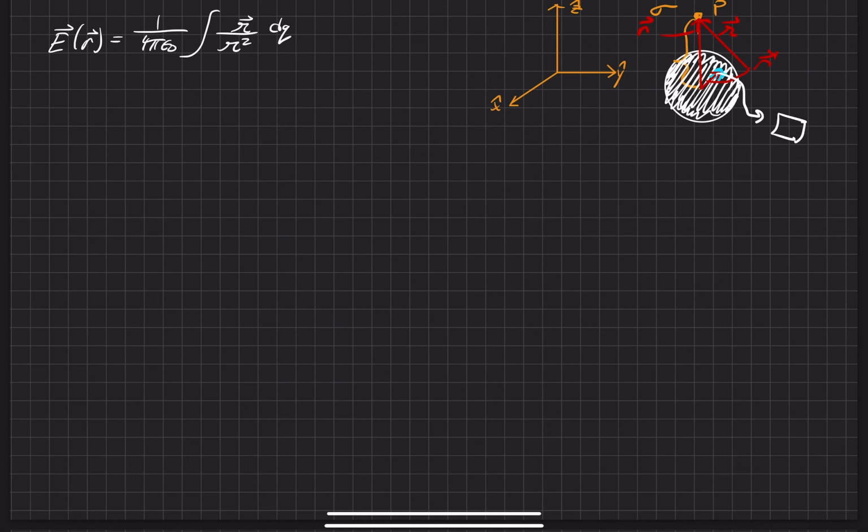So what I'm doing right now is expanding out that differential size chunk that's contributing to the electric field. Since we're working with spherical coordinates, before I move on, let me transpose this little vector over onto an example coordinate axis right here.